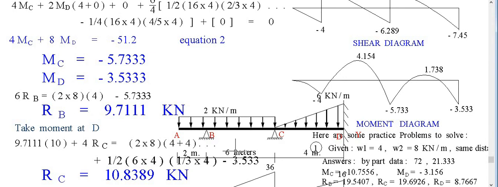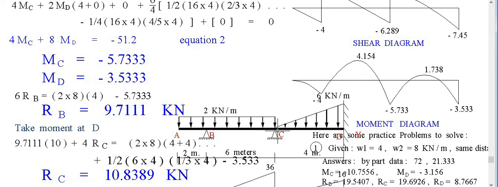6RB is equal to, okay, this is clockwise, uniform load, place that to the right of equality. This is positive, we transfer that to the other side of equality. RB times 6 is equal to 2 times 8 times 4, the middle.